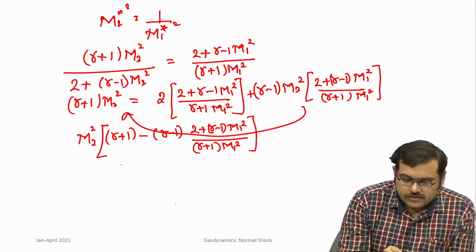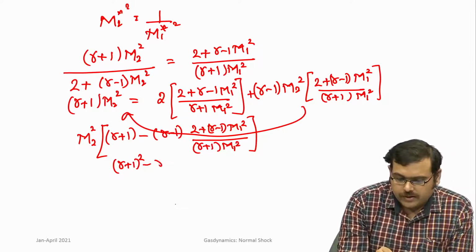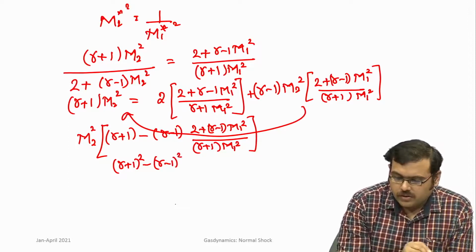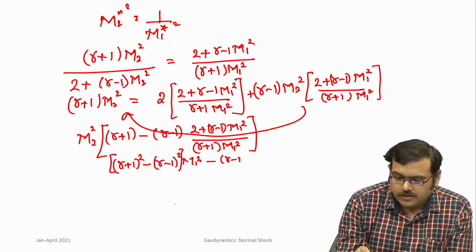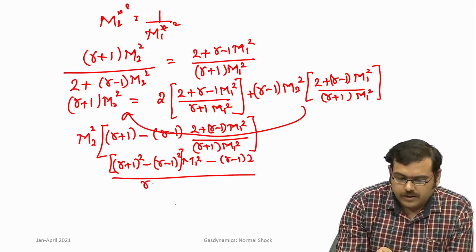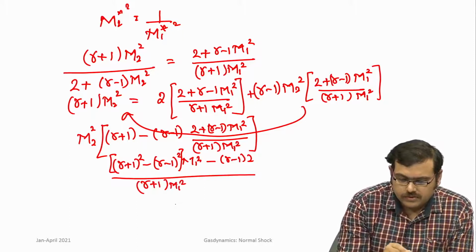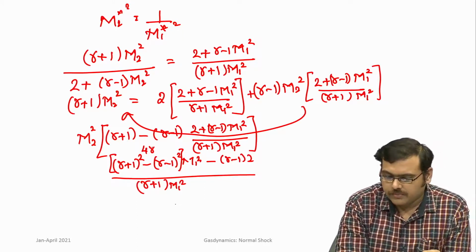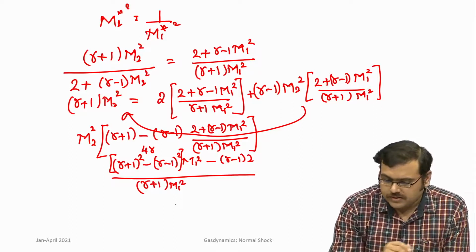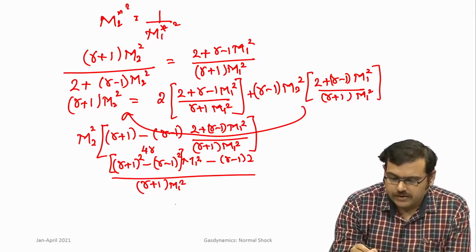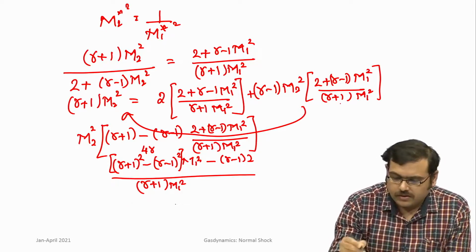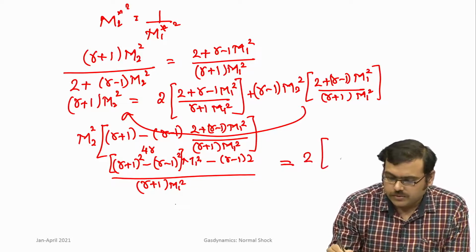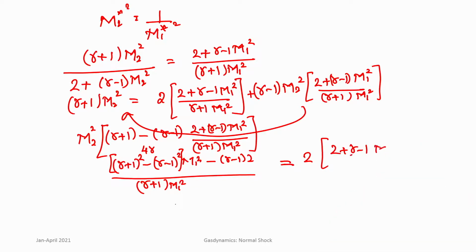So if you solve this, this turns out to be gamma plus 1 whole square minus gamma minus 1 whole square m1 square, minus gamma minus 1 times 2 divided by gamma plus 1 m1 square, and this value is 4 gamma, so that comes into picture here, 4 gamma m1 square, and you have gamma minus 1 remaining over here, and gamma plus 1 on the right hand side you have 2 plus gamma minus 1 m1 square by gamma plus 1 m1 square.